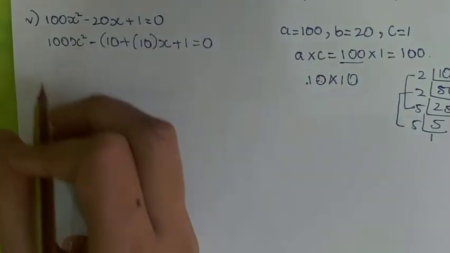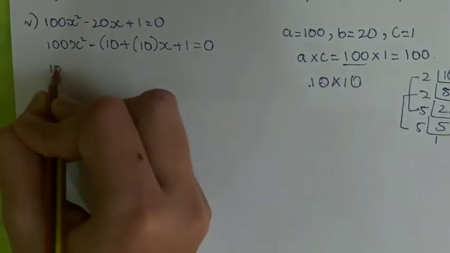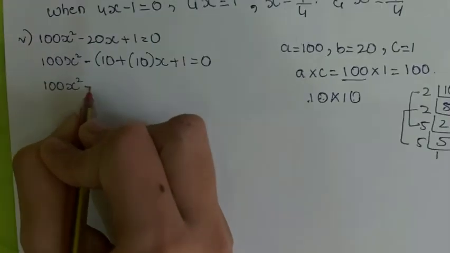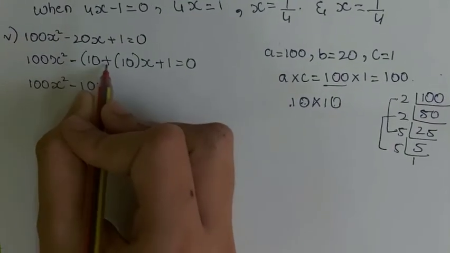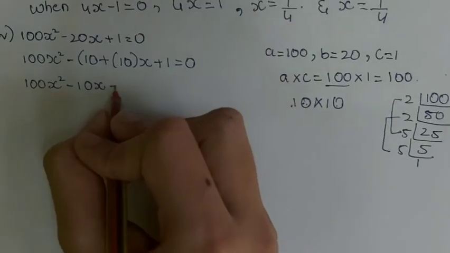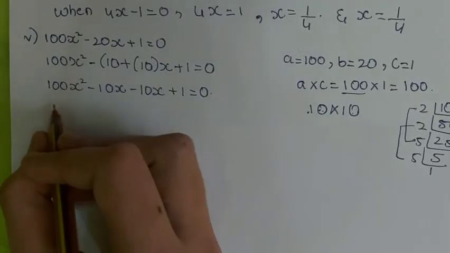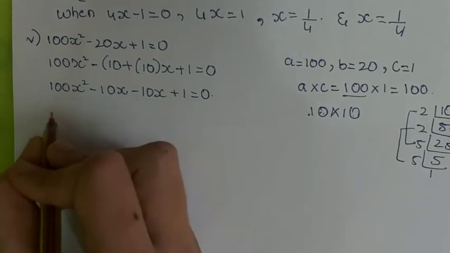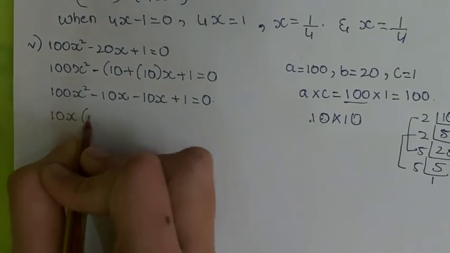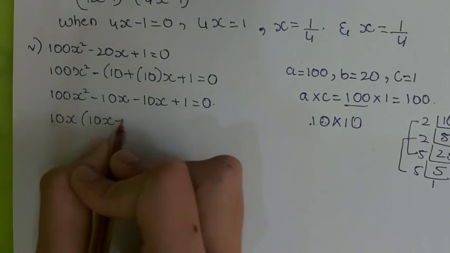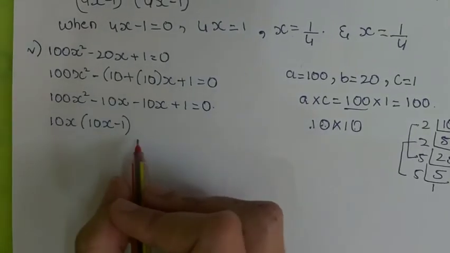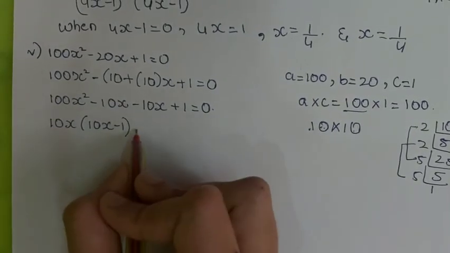Now 100x square minus 10x, minus minus is minus, so minus 10x plus 1 is equal to 0. Here I am taking 10x as common, so the remaining is 10x minus 1. And here we don't have anything common, so minus 1.